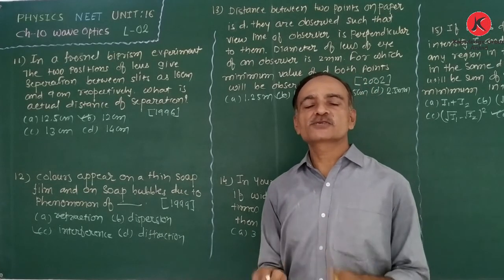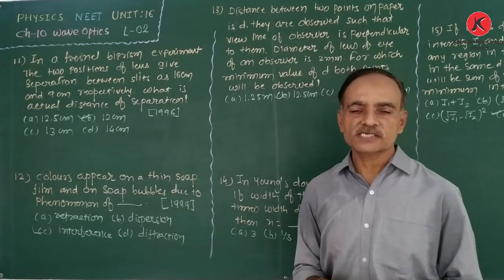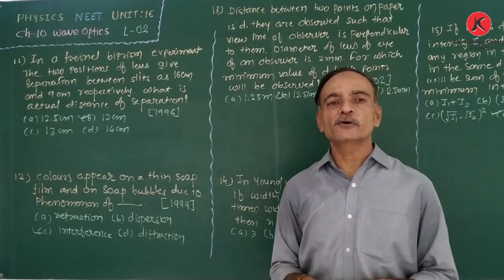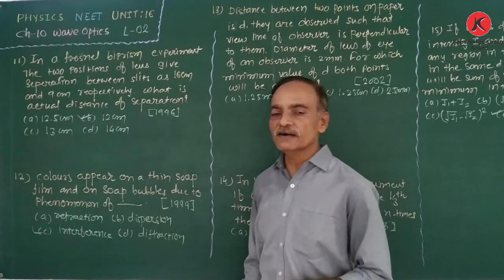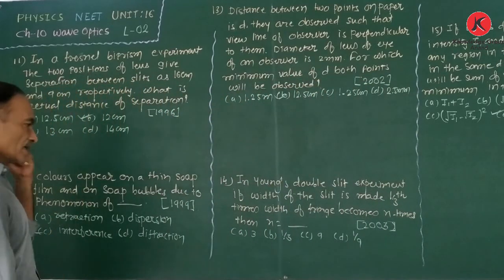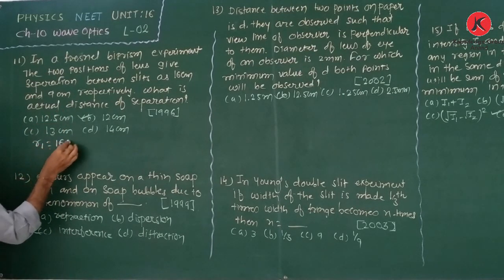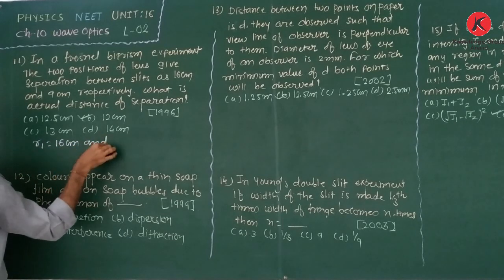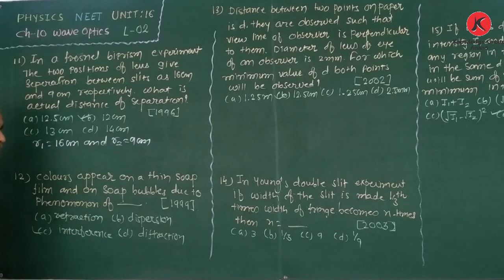So what is the actual separation between the slits? The actual separation is under root of I1 I2. I1 is given as 16 cm and I2 is given as 9 cm. Right?